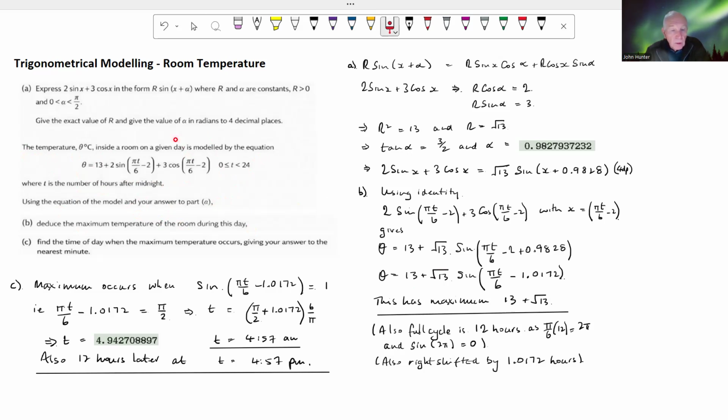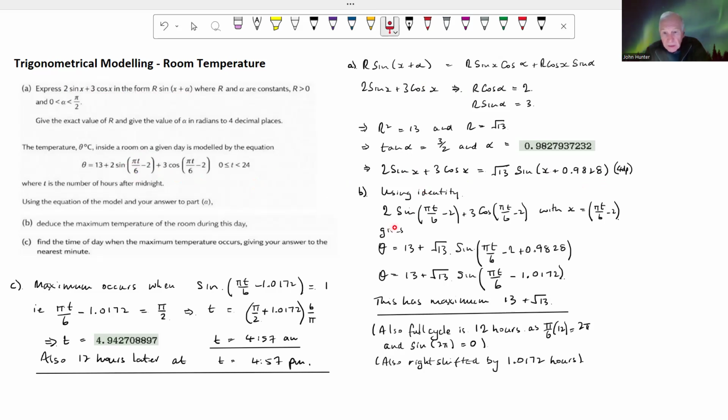Well, of course, we're going to use this identity, where our x is this function in the brackets.